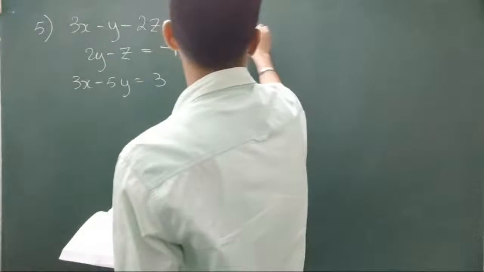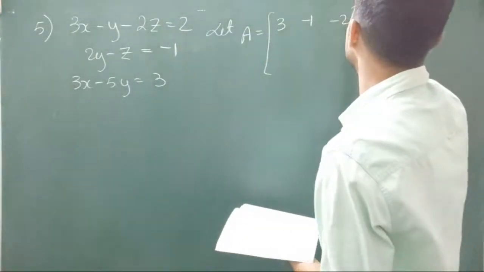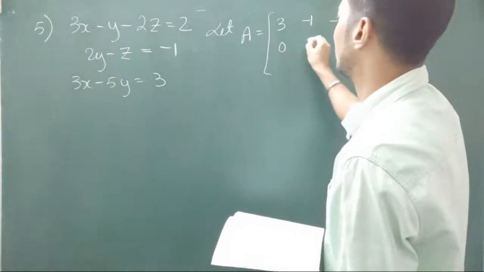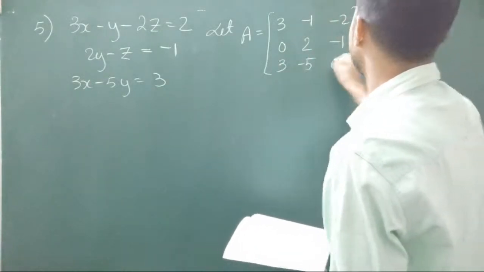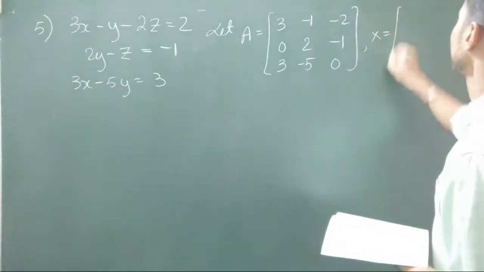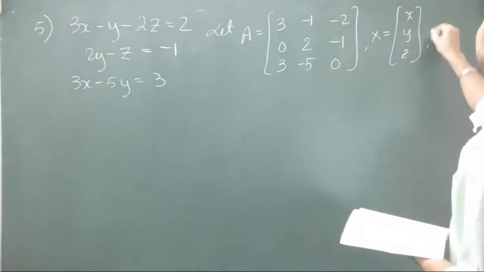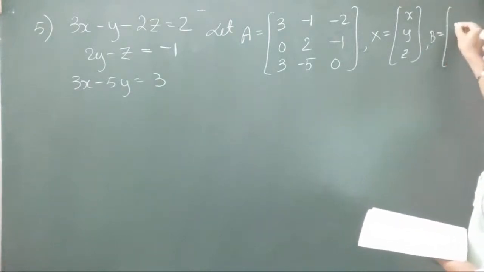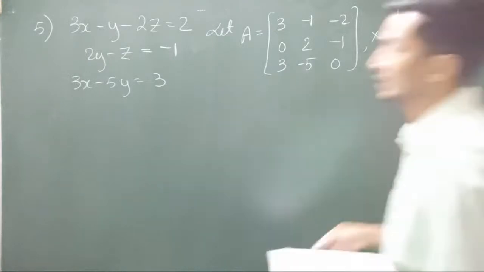So let our matrix A be 3, minus 1, minus 2, 0, 2, minus 1, 3, minus 5, 0. Matrix X, of course, x, y, z. And matrix B, the constants, 2, minus 1, 3. I hope you can see.